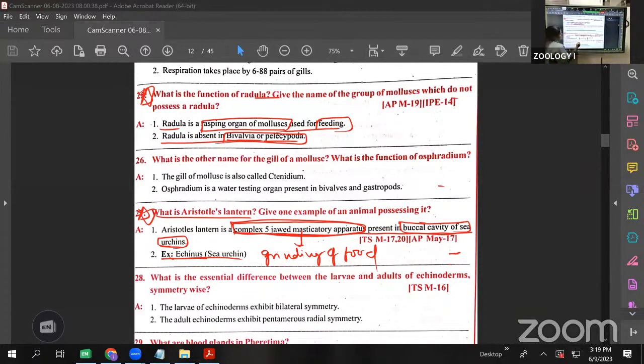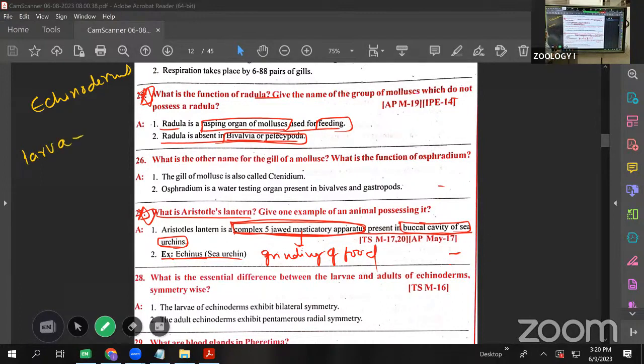What is the essential difference between the larvae and adults of echinodermata, symmetry-wise? Normally, echinoderm adults have pentaradial symmetry and the larvae have bilateral symmetry. The larva has which type of symmetry?